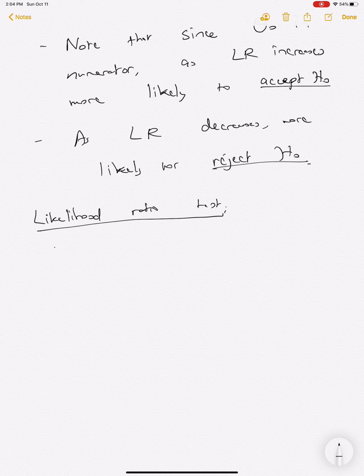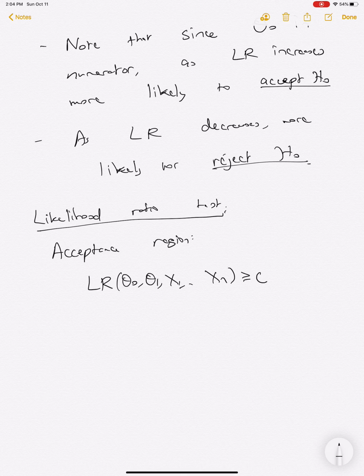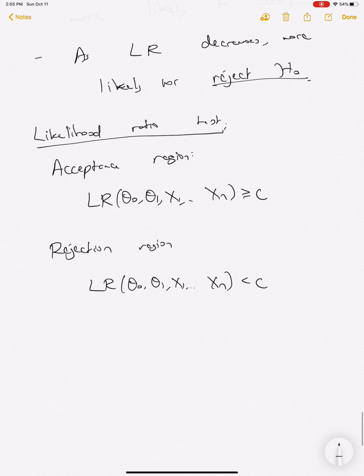The acceptance region would be that the likelihood ratio should be bigger than or equal to C. And the rejection region would assert that the likelihood ratio is less than C.